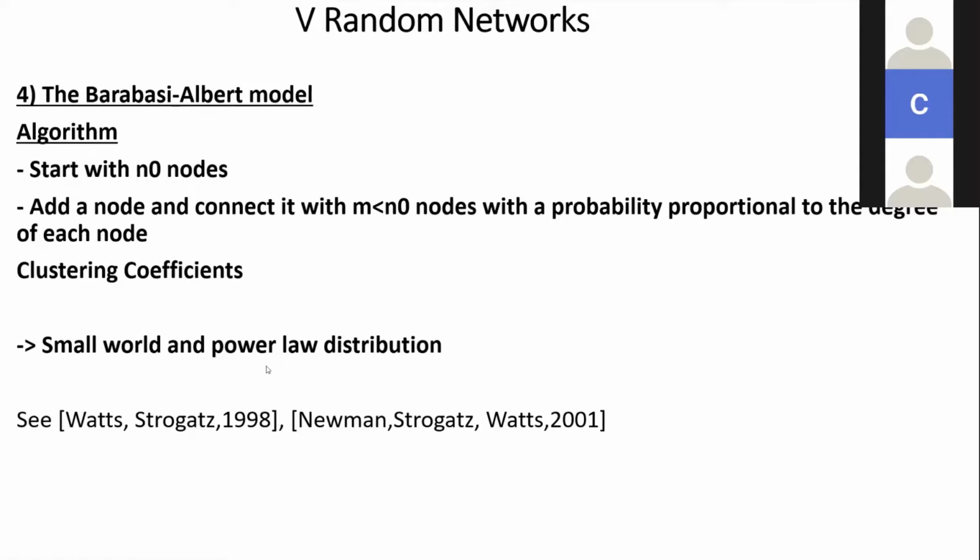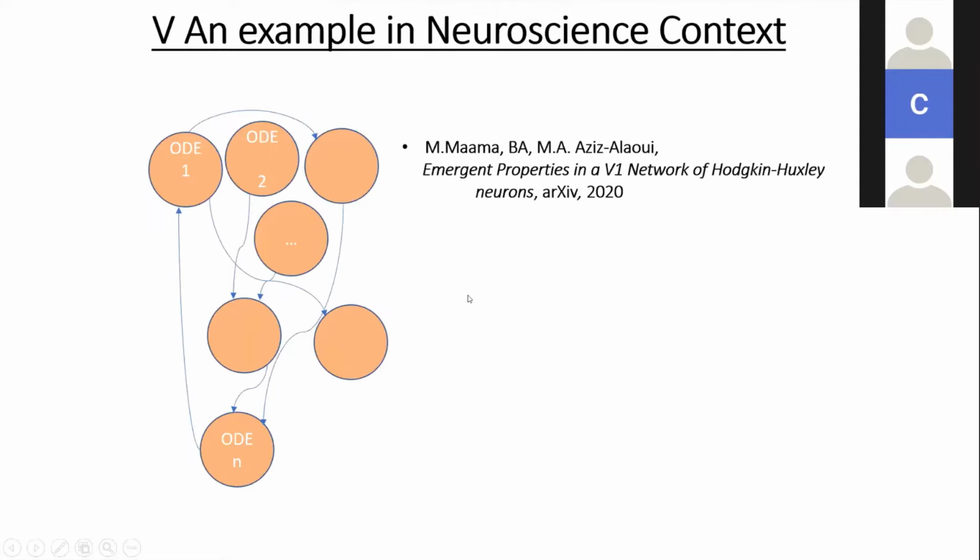All right. Now I will finish this first lesson with an example in a neuroscience context. It provides an example of a random network, but one which is different from the ones that we have seen.